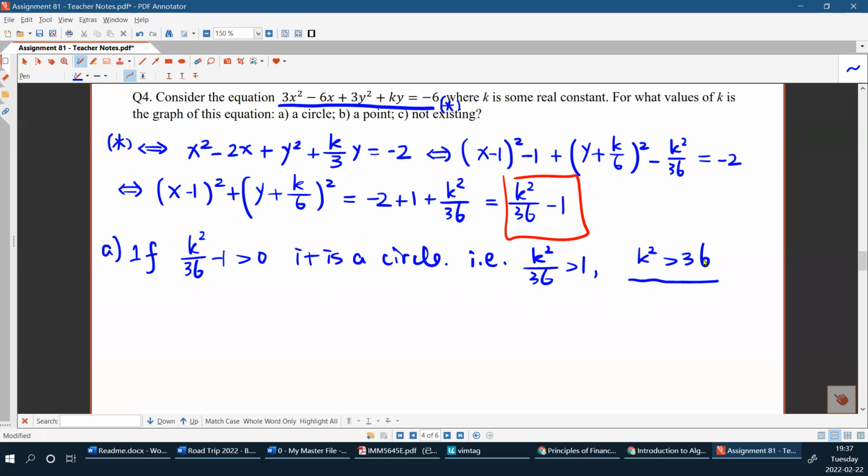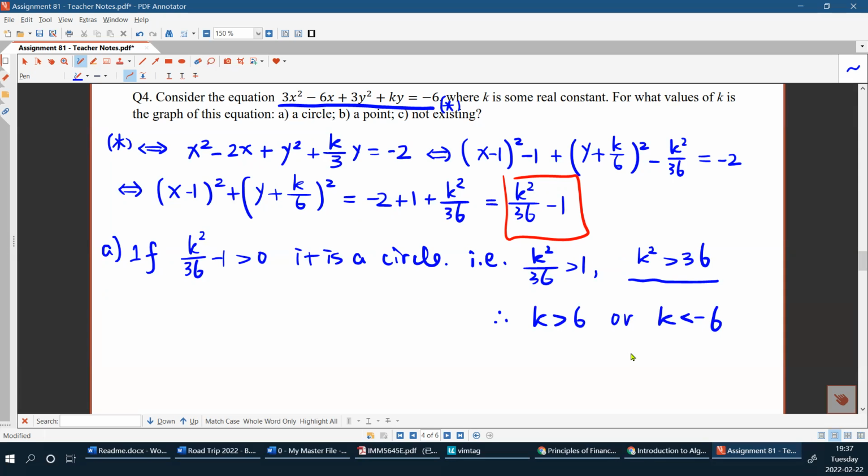And then can you solve this inequality now? What is our k here? If k² is greater than 36, then k is greater than 6. So this means k is either greater than 6 or less than -6, right?